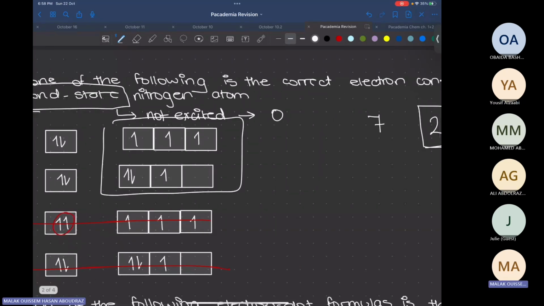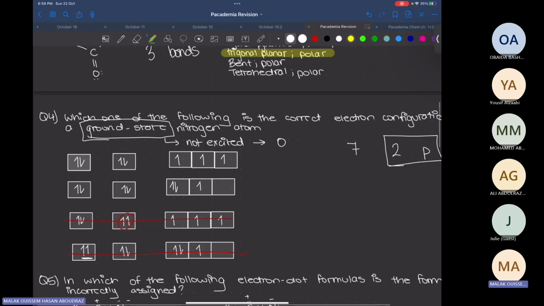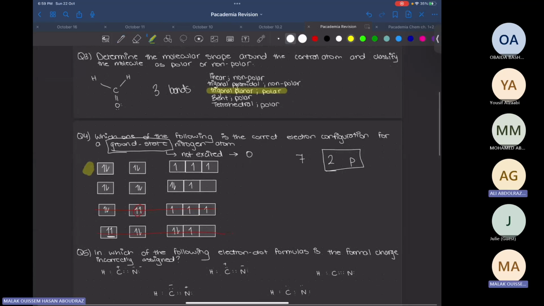The first one, because when we are writing the electron configuration, we don't go 2 by 2. We go 1, 1, 1, like that, okay? Please don't mix up how to write the electron configuration, because they can trick you with these questions, okay? Has everyone understood this part?